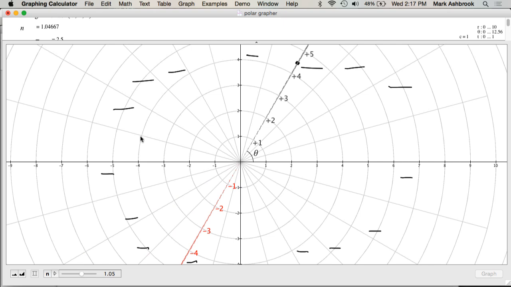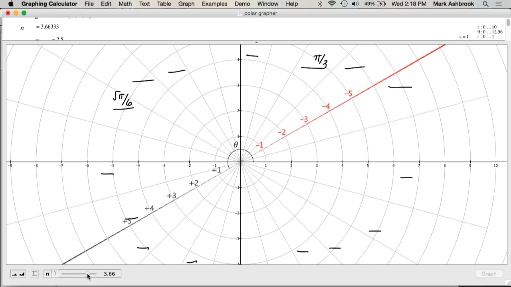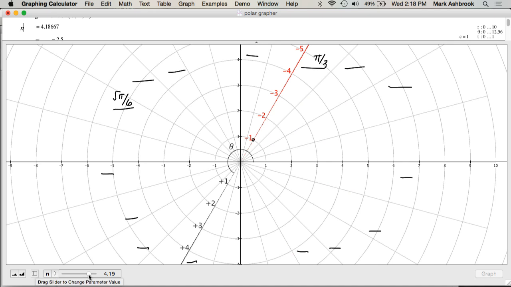Let's write these down as we go and keep track here. Okay, what angle is this? Pi over 3. So the point would be 4.5, comma, pi over 3. Okay. This one.